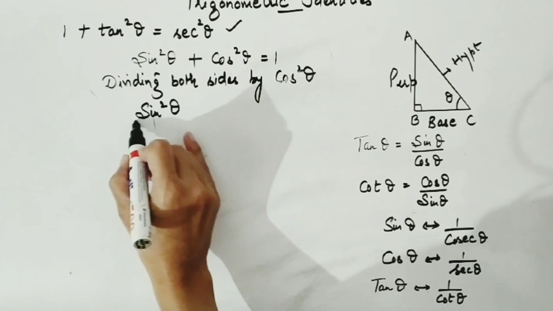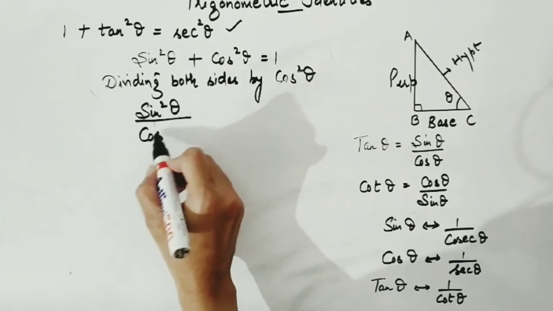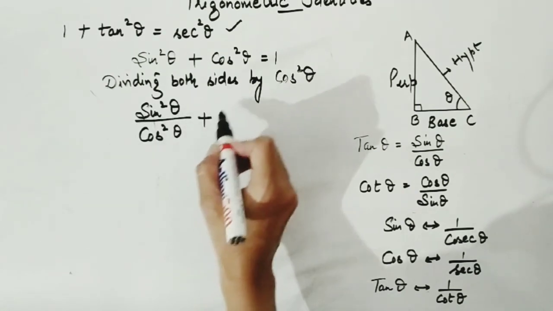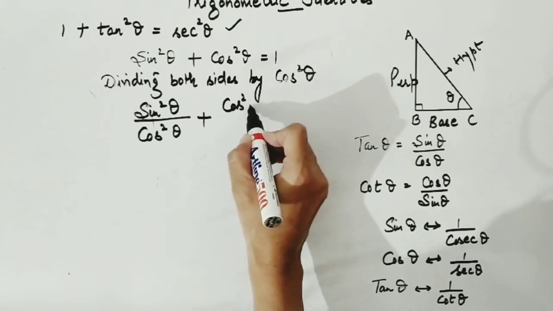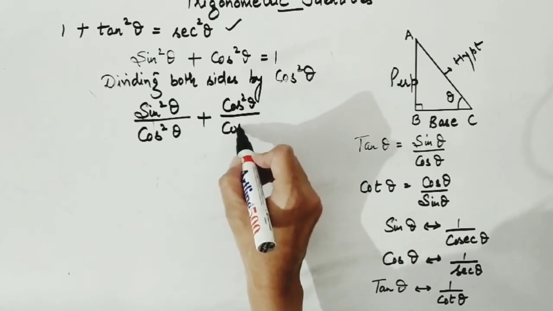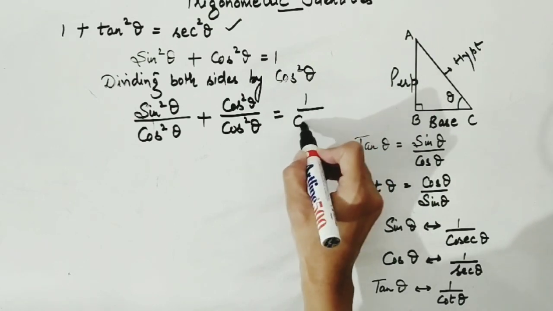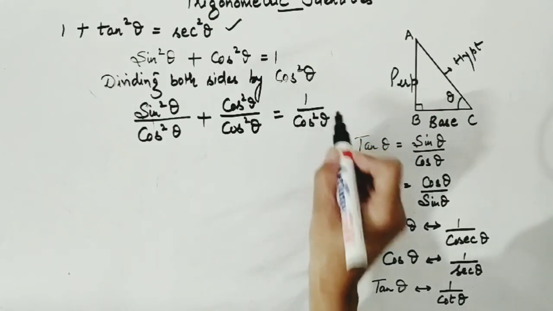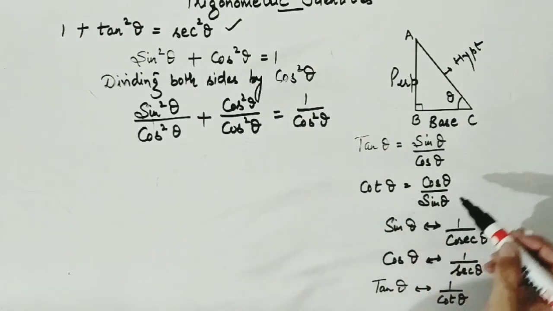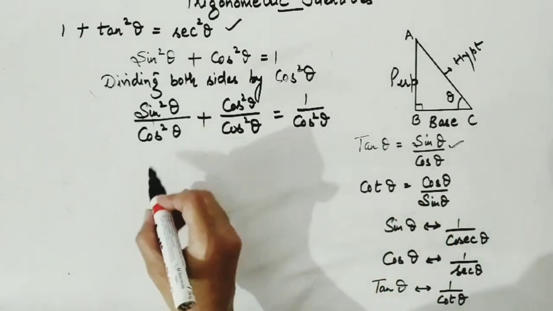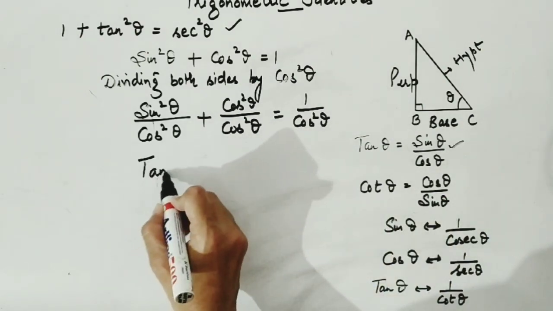Sine square theta is divided by cos square theta. Cos square theta is also divided by cos square theta, and over here 1 is divided by cos square theta. Sine by cos, just now we have seen, sine by cos is tan.